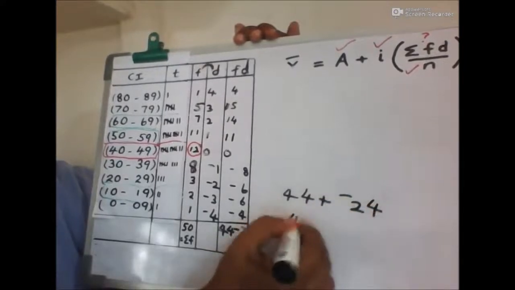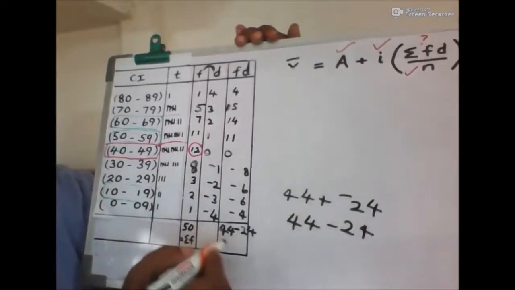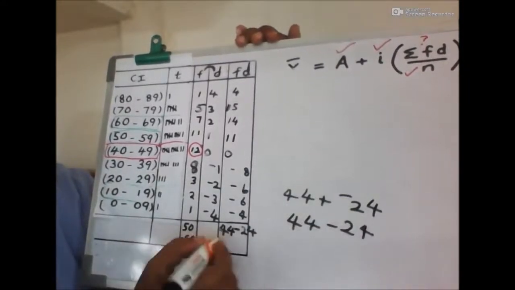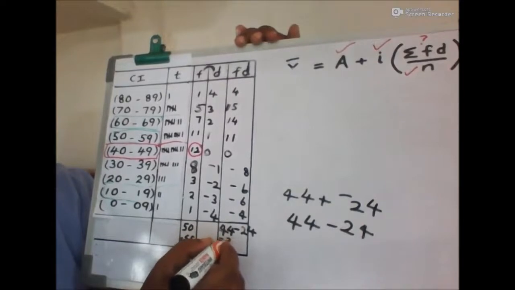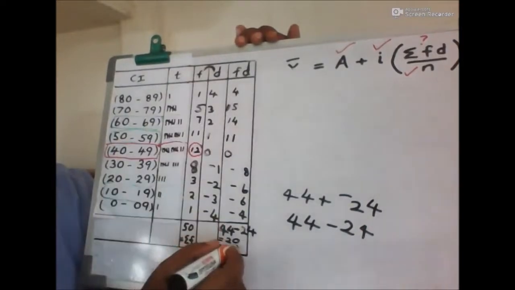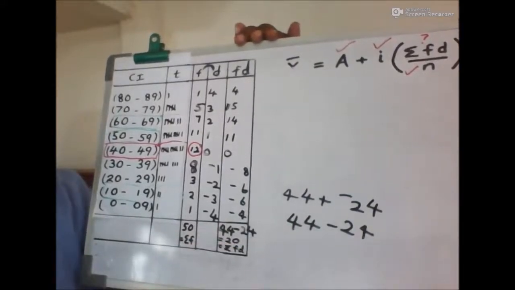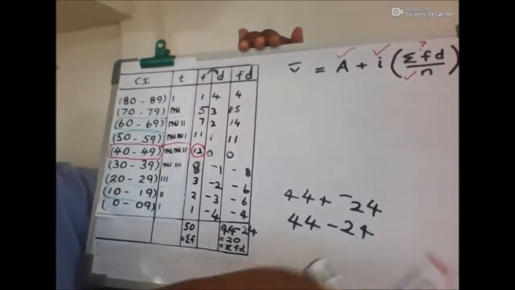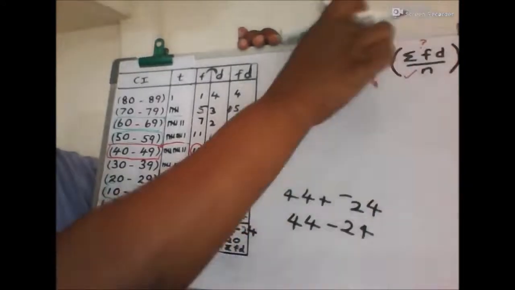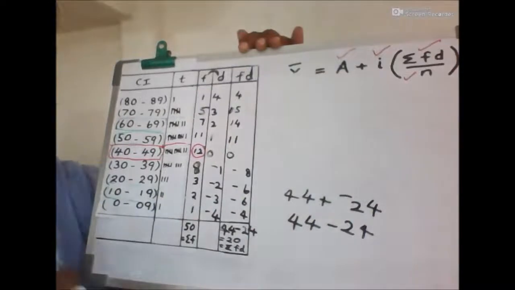You know how to do this, 44 minus 24. So what is the answer here? It's 20. That is our sum. What is this? Summation, total of FD, sigma FD. That's it. So we know how to get this one also.